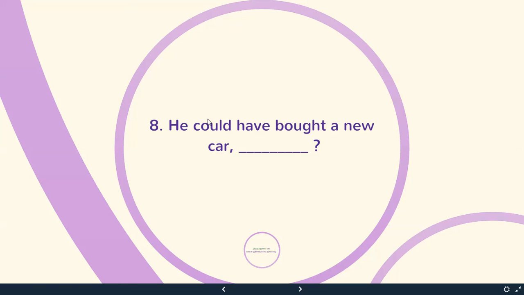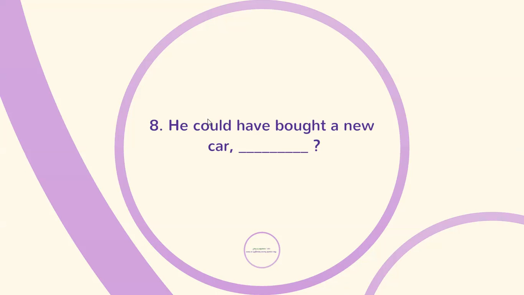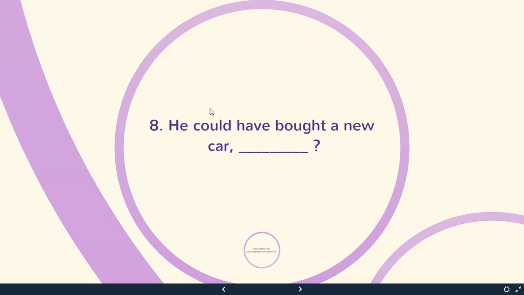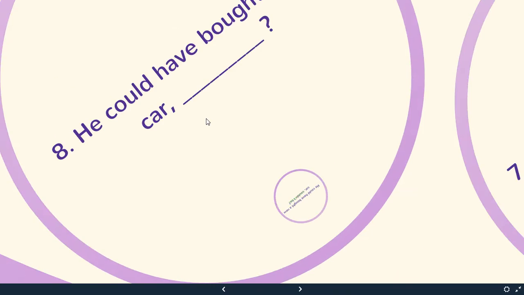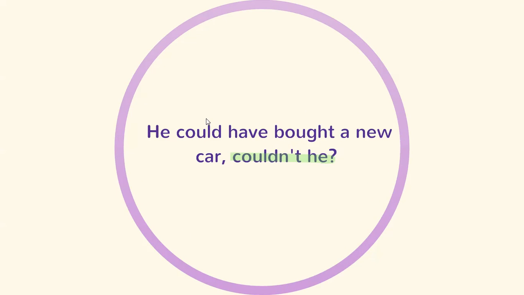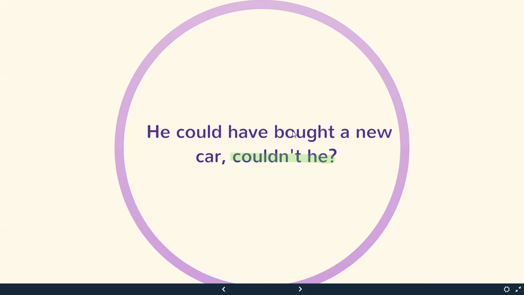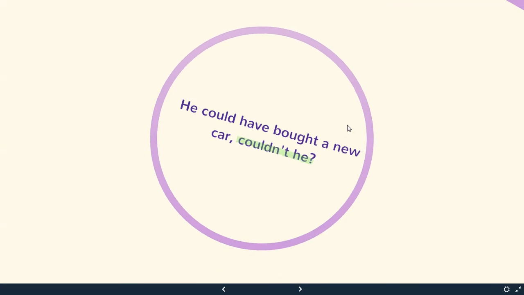Could is not found in your book, but here it is as an example. It's a modal, so I make it a negative one. So the answer should be couldn't he?